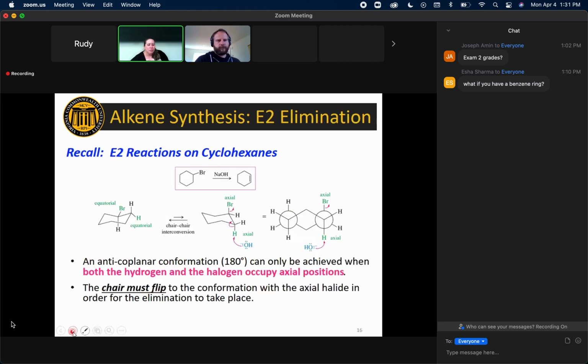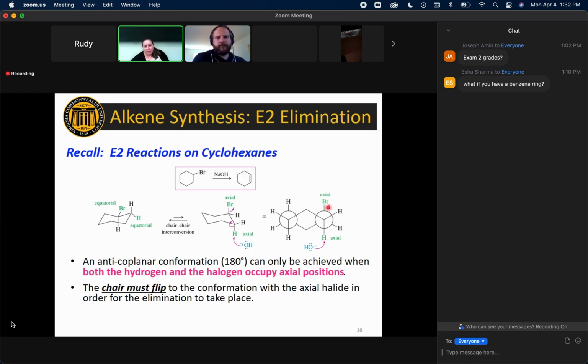Okay, all of this should be a refresher, as is this slide. This is a slide that I showed you guys last week, just as a reminder that when you put a leaving group, a halogen leaving group, in a ring system, then you have to keep in mind that in order to do an E2 reaction of that halogen, you have to be able to do a ring flip to get your halogen to be axial.